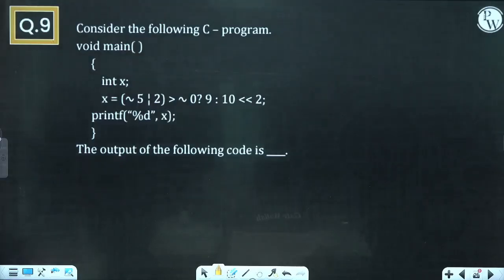Tell me the answer. Nine. Manas is saying 9. Sayan Datta is saying 9. Okay.